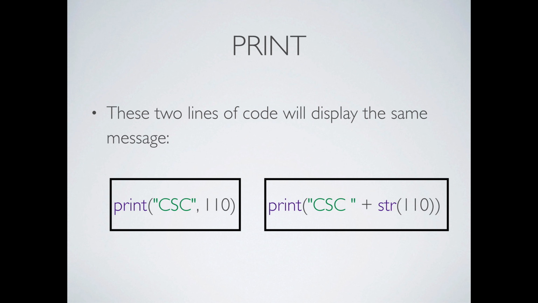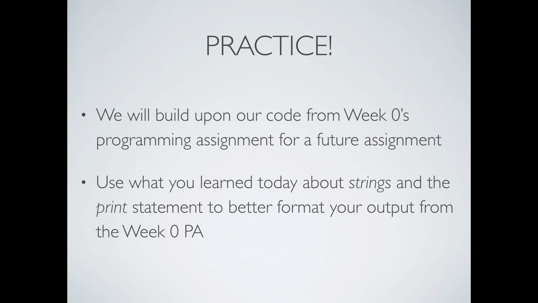So at this point, you should be able to go back and revisit your week 0 programming assignment and edit it a little bit so that you can change any of the wonky output that you might have had. I mentioned in the lab assignment from last week and the programming assignment notes that if you had extra spaces in your output, that is okay.